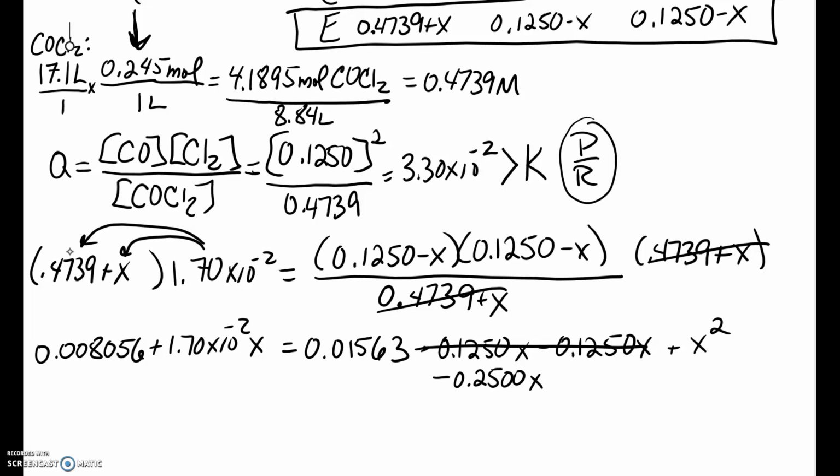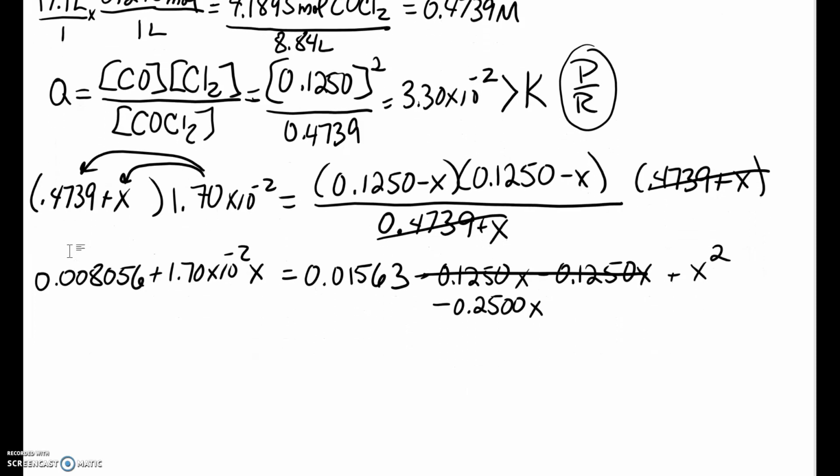Okay. Since we have a squared term, an x term, and just a regular number, we're going to need the quadratic formula. So we want to combine like terms and set it equal to 0. I set 0 on the left because there were only 2 terms on the left, and I just thought it was a little easier.